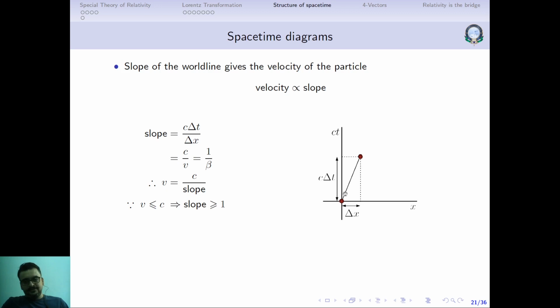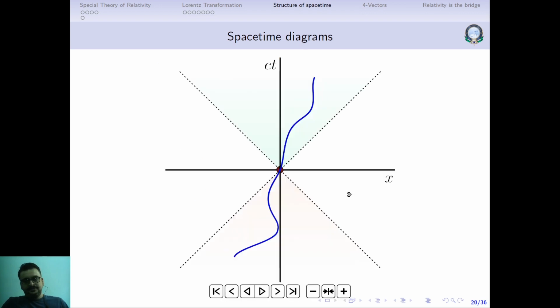For any particle, the slope should be greater than 1; no slope less than 1 is allowed. For light, v is equal to c, so c by c gives a slope equal to 1. That means 45 degrees, as I had shown in this diagram. This is the world line for light.